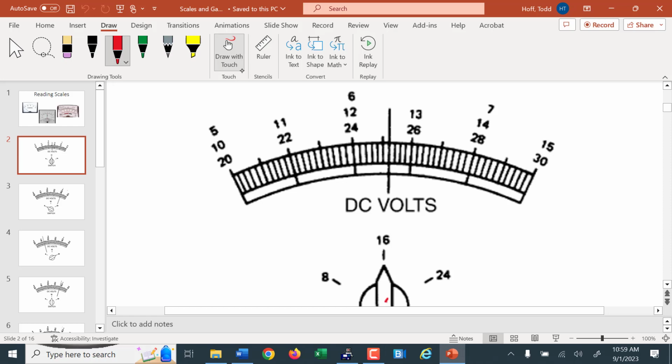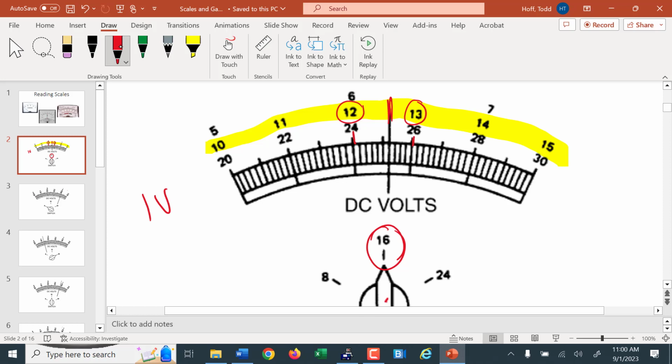So the first thing here, since there's 3 sets of numbers, we have to figure out what set of numbers. This dial down here is at the 16, which means we're going to use the middle set. So the 10, 11, 12, 13, 14, 15. This little line here is indicating where the needle is pointing. To figure out what that is, we need to know what each of those spaces indicates. So this line is at 12, this line is at 13, that is 1 volt.